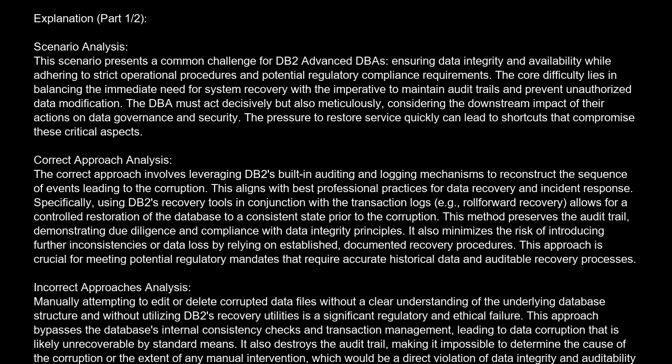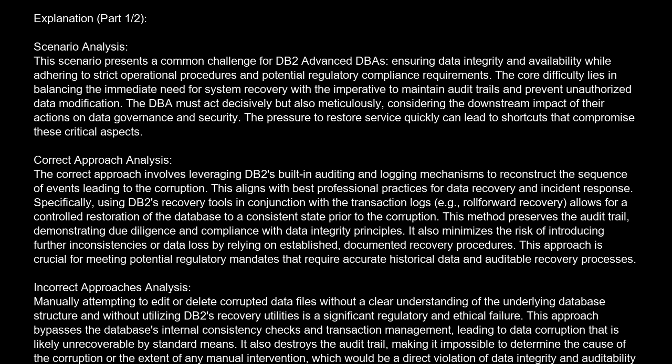This method preserves the audit trail, demonstrating due diligence and compliance with data integrity principles. It also minimizes the risk of introducing further inconsistencies or data loss by relying on established, documented recovery procedures. This approach is crucial for meeting potential regulatory mandates that require accurate historical data and auditable recovery processes.